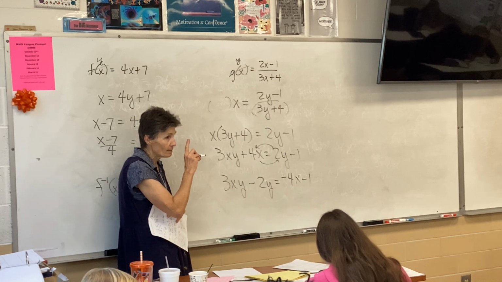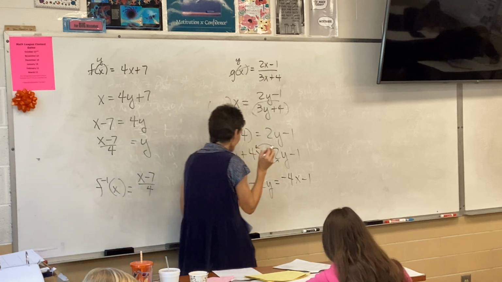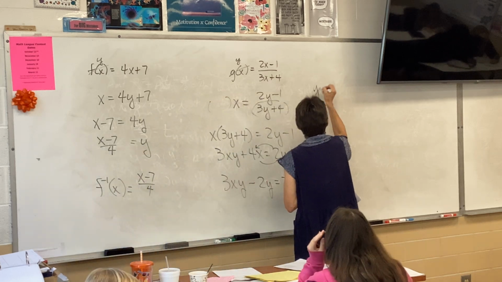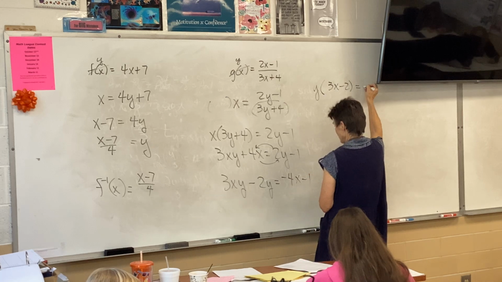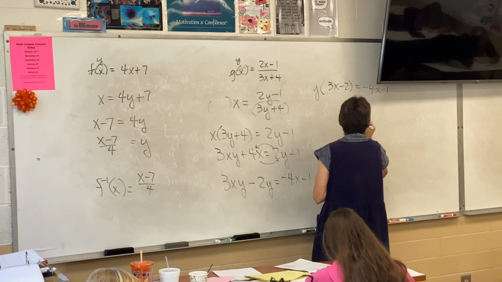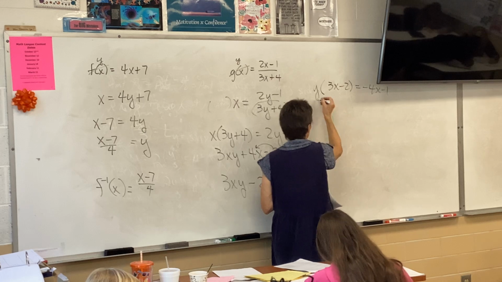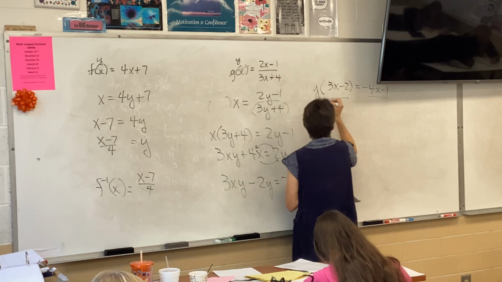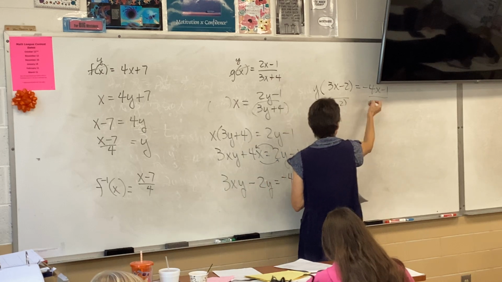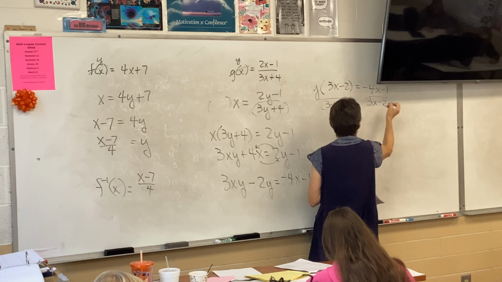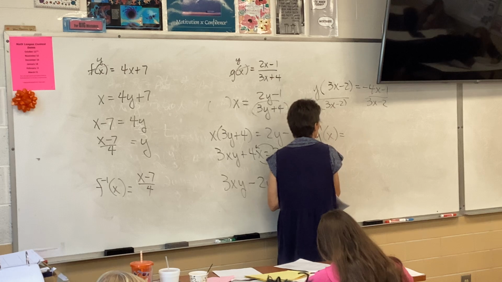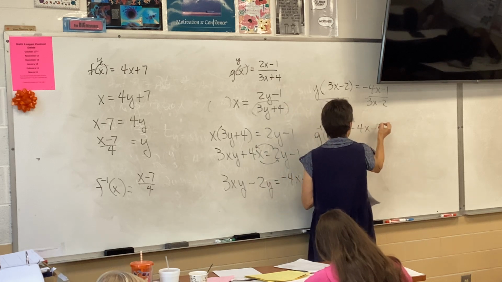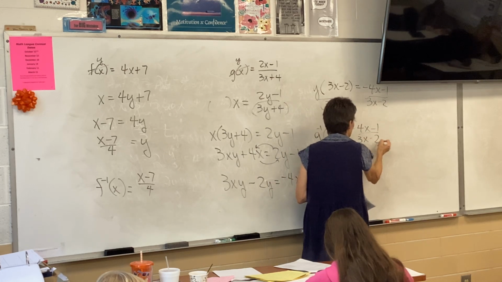Not for long, because what are we going to do? Factor. So y, to bring the y out, 3x minus 2. And then we're almost done. We're going to divide by 3x minus 2. And our inverse, what we're going to write in the answer blank, is negative 4x minus 1 over 3x minus 2.